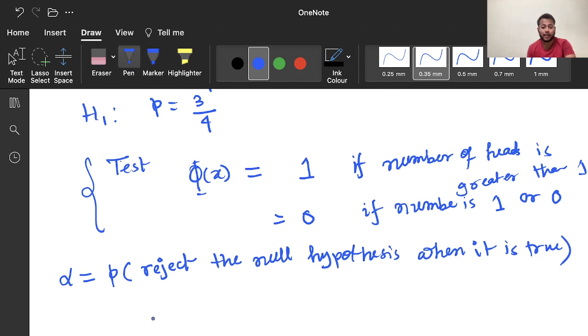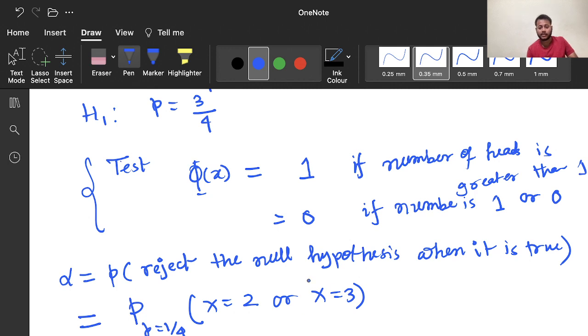What is the probability that we will reject? The number of heads is greater than 1, that means 2 or 3. If x is 2 or x is 3, we will reject the hypothesis.